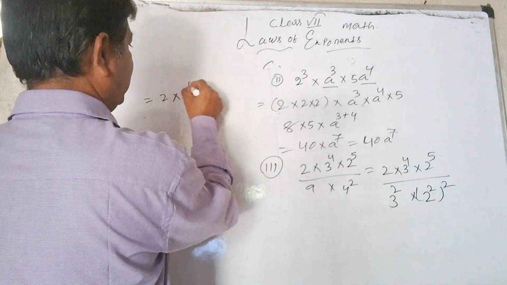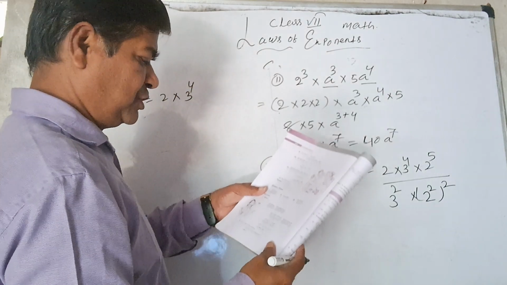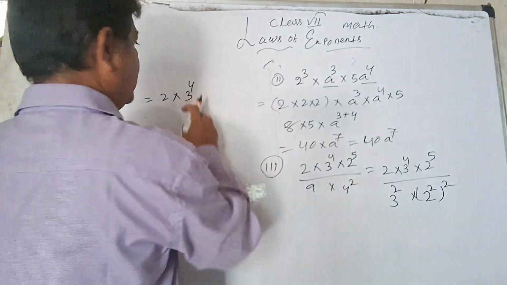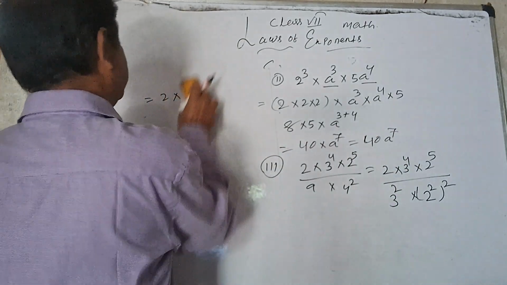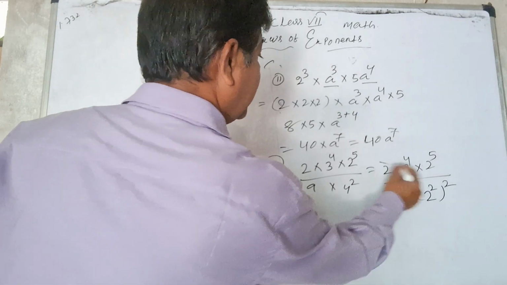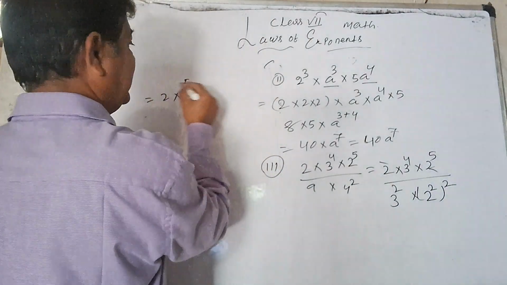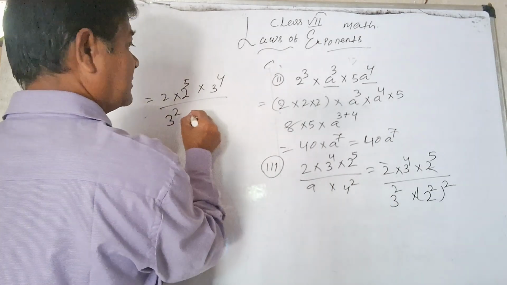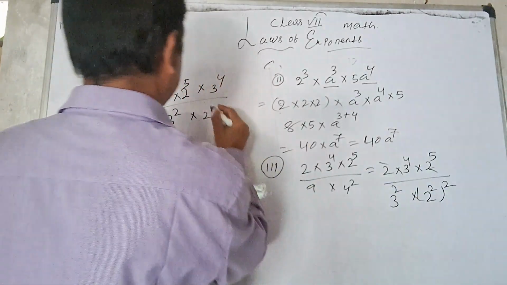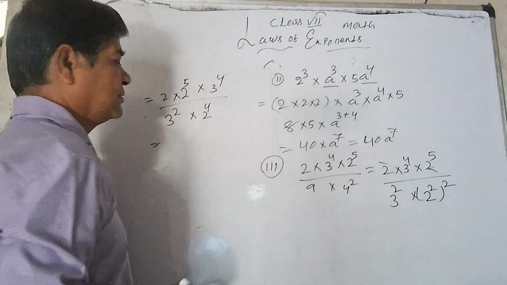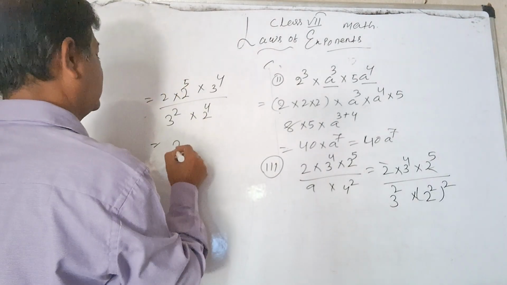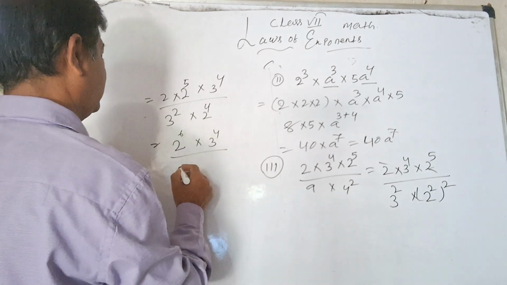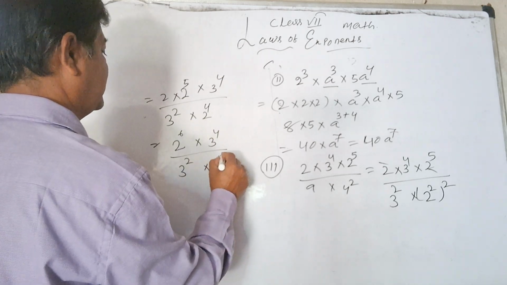2 into 3 to the power 4 into 2 to the power 5, same base, 2 into 2 to the power 5, into 3 to the power 4, divided by 3 square into 2 to the power 4. Numerator has answer 2 to the power 1 plus 5, 6, into 3 to the power 4, divided by 3 square into 2 to the power 4.